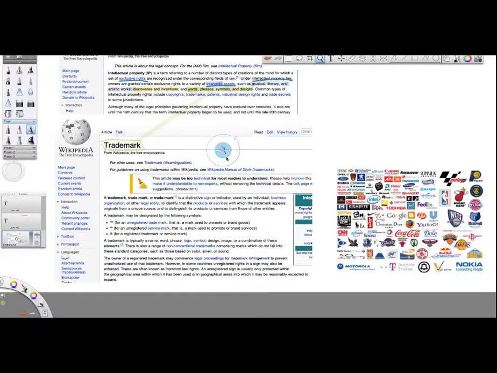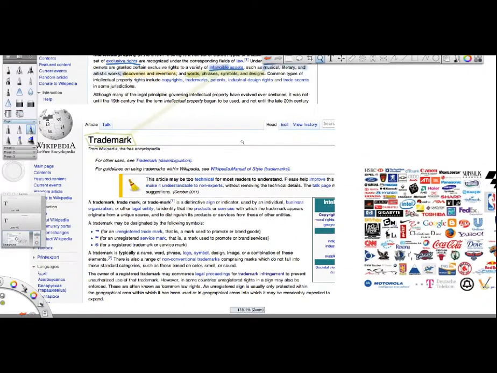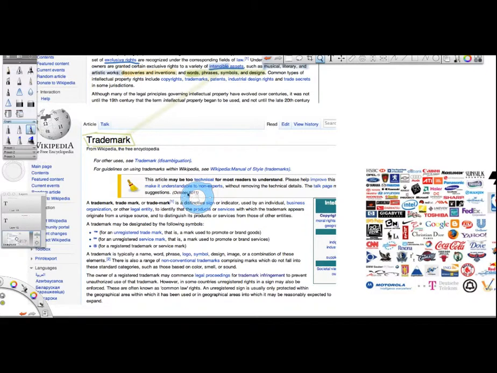So Traverse Legal is in fact a trademark. There are lots of trademarks out there. Everyone who uses a brand or a company name is in all likelihood using a trademark. So a trademark is something that is distinctive.